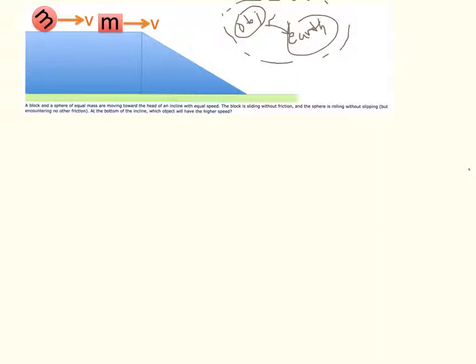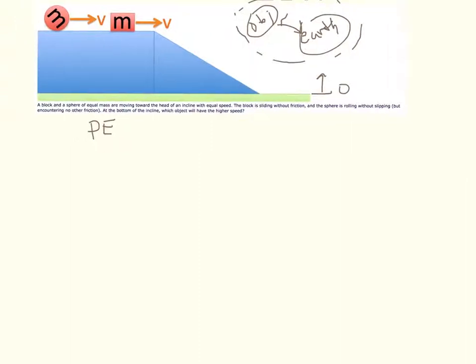Okay, so in both cases, energy is conserved as they move from the top of the ramp to the bottom of the ramp. The energy that they have at the top is potential energy, and because I'll set 0 to be at the bottom of the ramp, at the bottom all of the energy has gone from potential energy to kinetic energy.